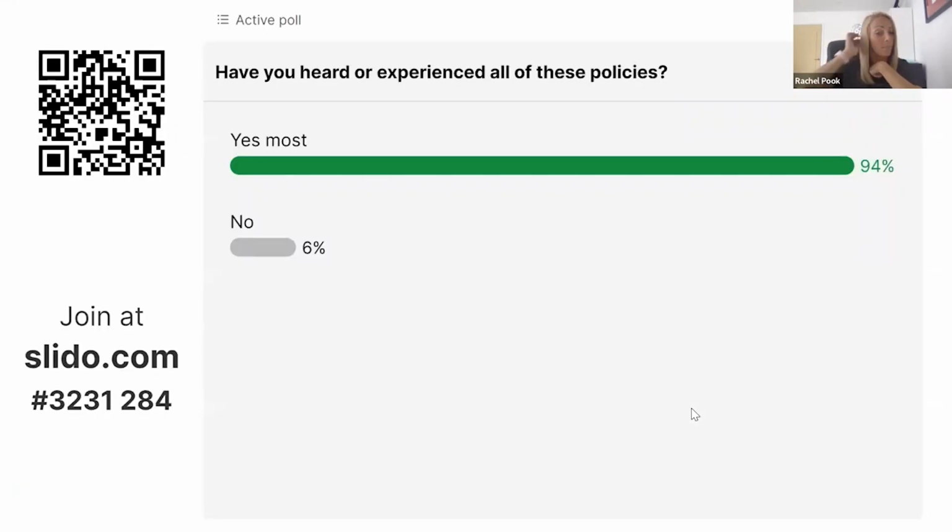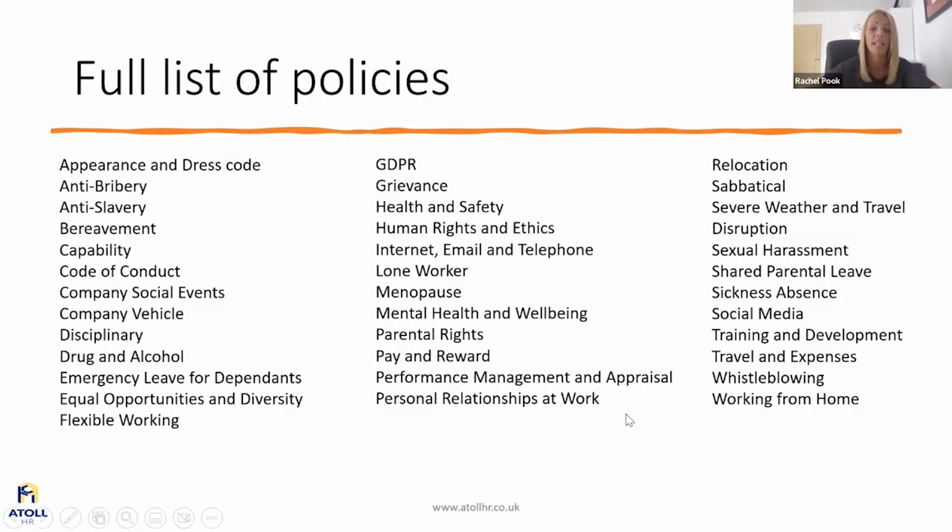Okay, menopause. Yep. That's quite a hot topic at the moment, because obviously most women will go through that. What it actually says, as a company in this particular policy, is that you understand that someone's health may change, they may have more sickness, but there are support tools and you'd understand it, and there may be reasonable adjustments that you may need to make to help women who are going through that at a particular time.